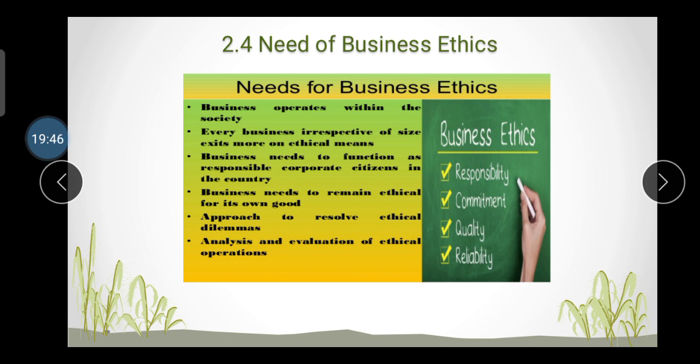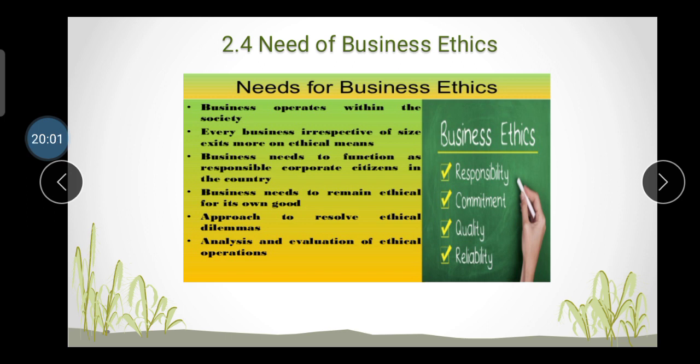Next, the approach to resolving ethical dilemmas. Whatever ethical dilemma they face, they can easily solve it, because if they follow business ethics, they can solve their ethical dilemmas.